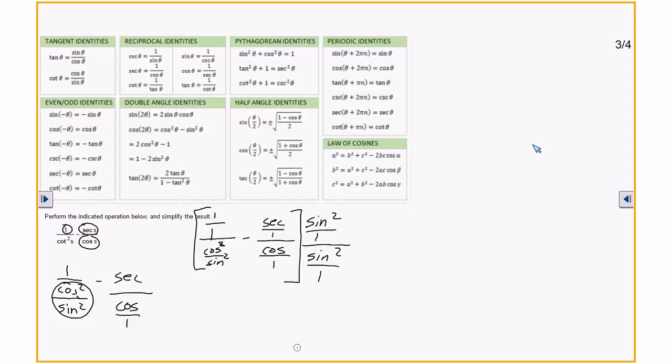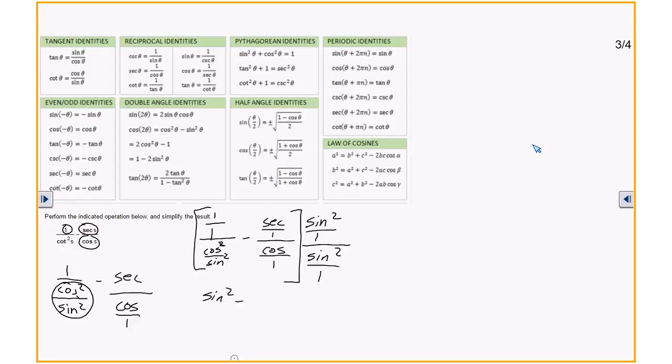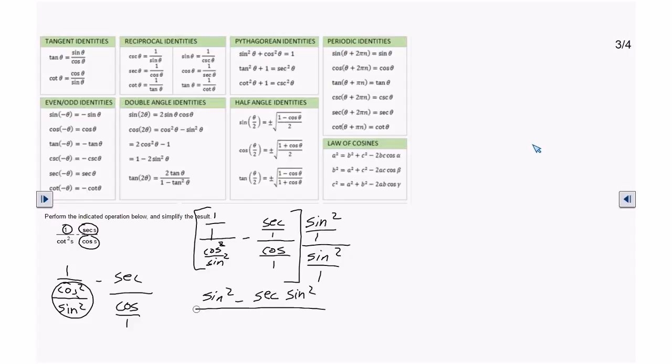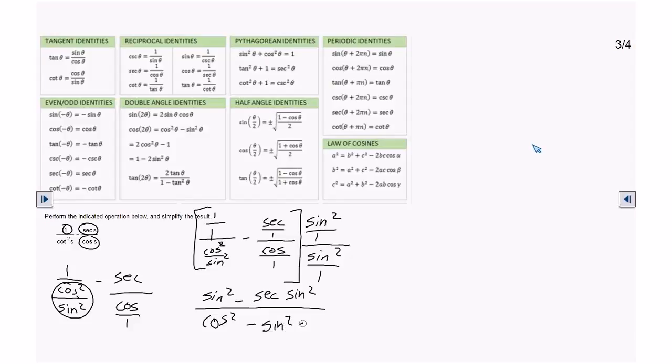And that's going to give you sine squared minus, what is the secant? The secant is 1 over the cosine. So you can change this to 1 over the cosine. That's not going to work either. So I'm just going to leave the secant, sine squared over cosine squared minus sine squared cosine.